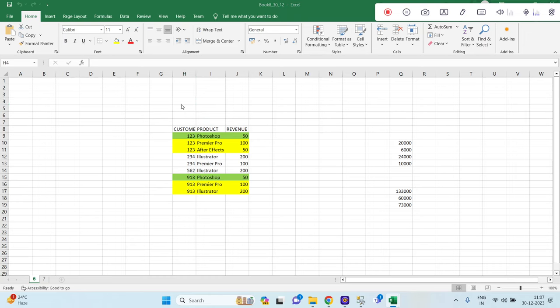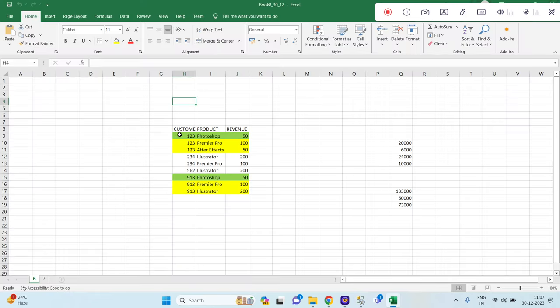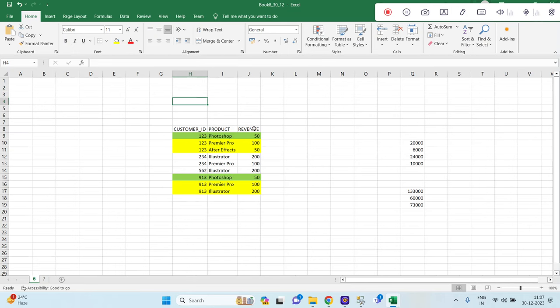Over here, our query is for every customer that bought Photoshop. If you see, customer ID, product and revenue are given. Some of the customers have bought a product known as Photoshop. For 123 you can see, and for 913 also you can see the Photoshop product.